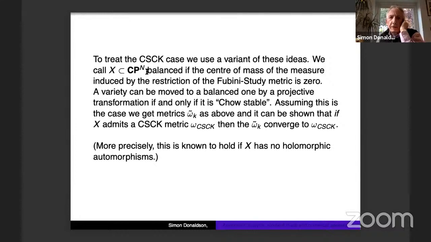get a sequence of metrics omega tilde k in the same way, and it can be shown again that if X has a constant scalar curvature metric, then these omega tilde k converge to it. At least, more precisely, maybe for safety, we should say this is known if X has no holomorphic automorphisms.